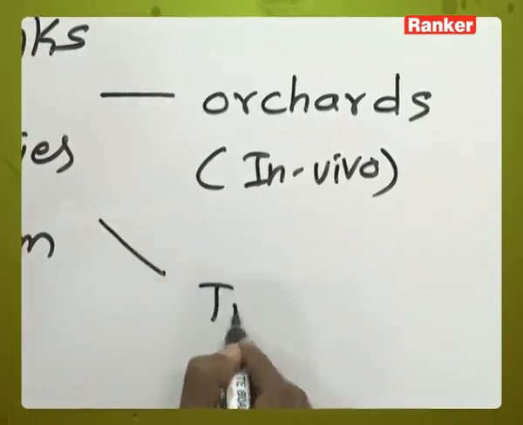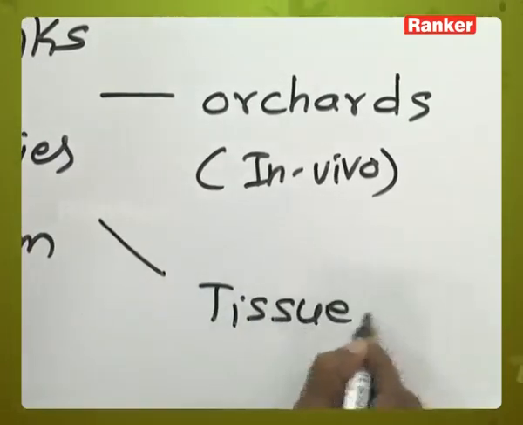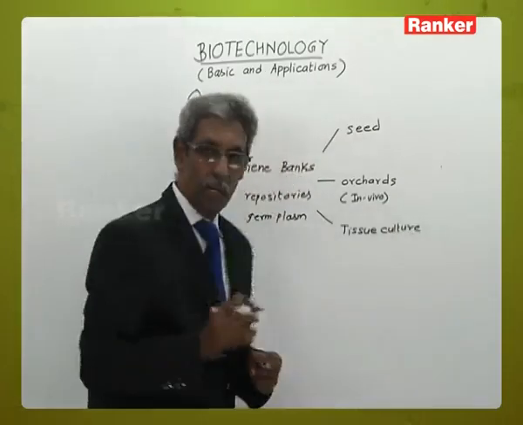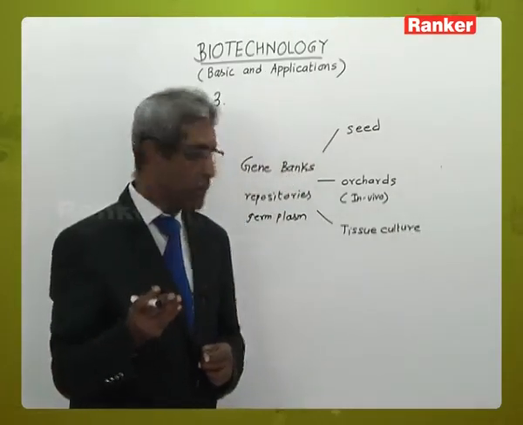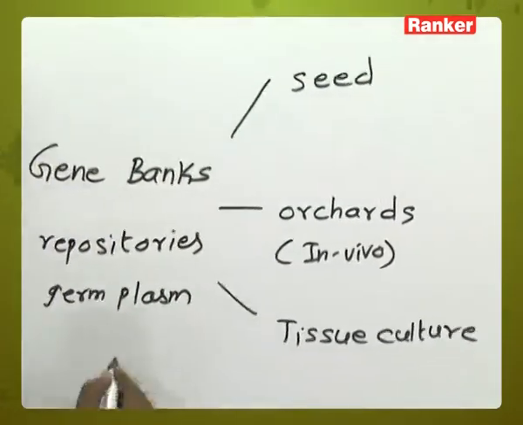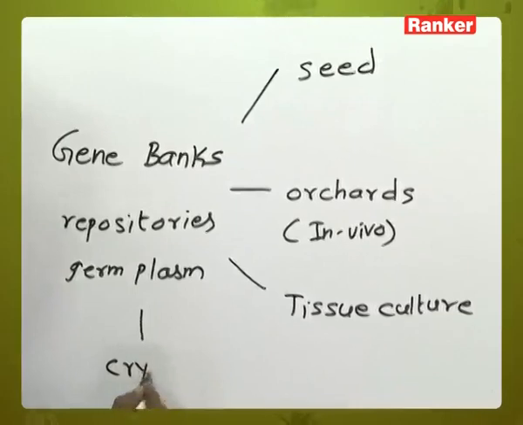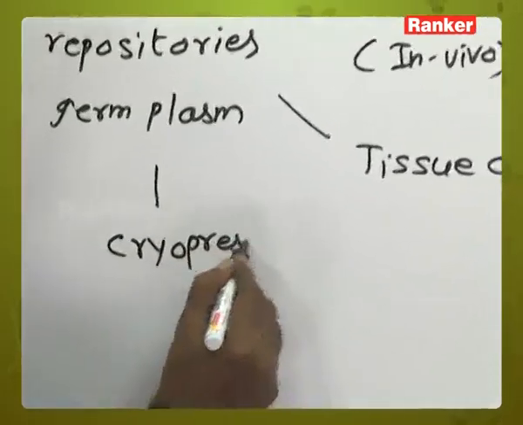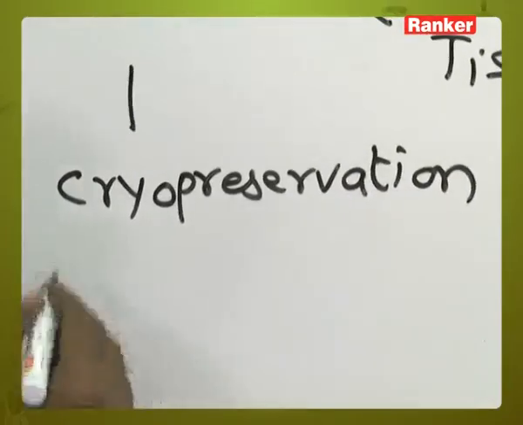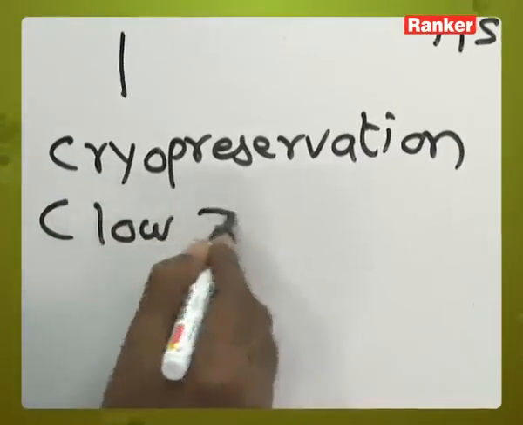It could also be preserved by tissue culture, wherein you manipulate the cells and the tissues in medium under culture conditions, or else it can also be preserved by cryopreservation. Cryopreservation is low temperature preservation.